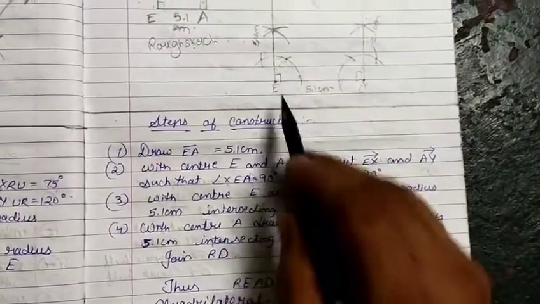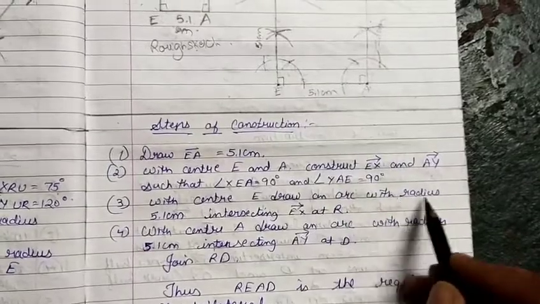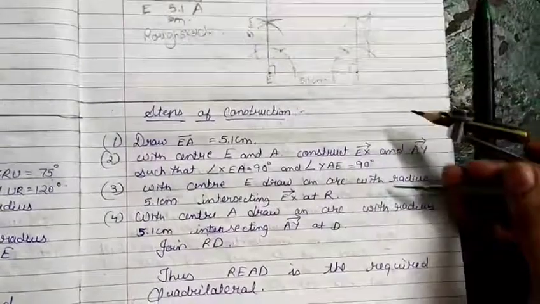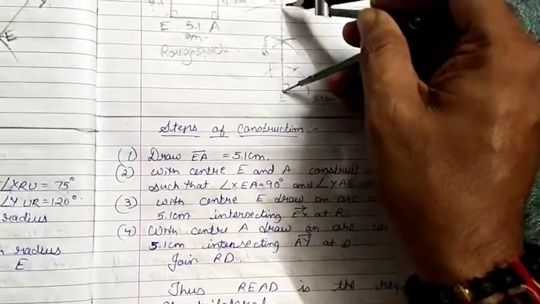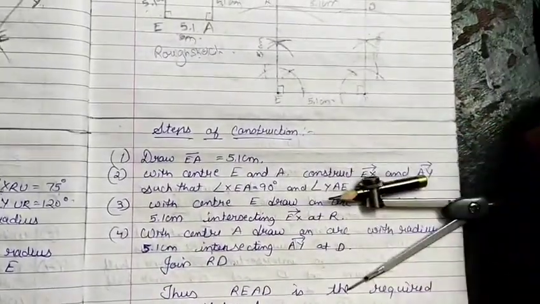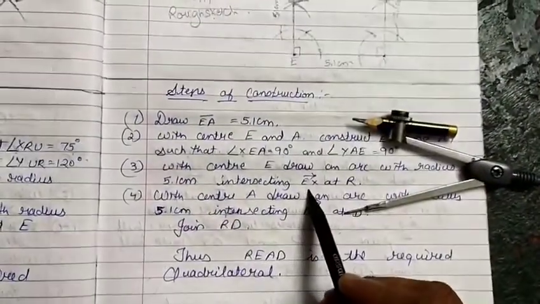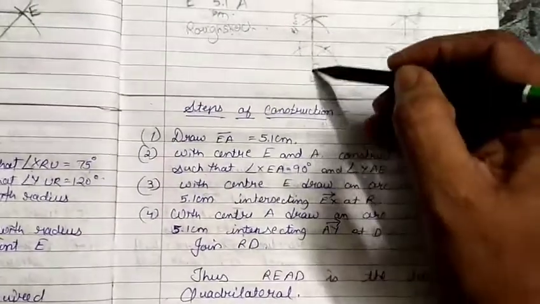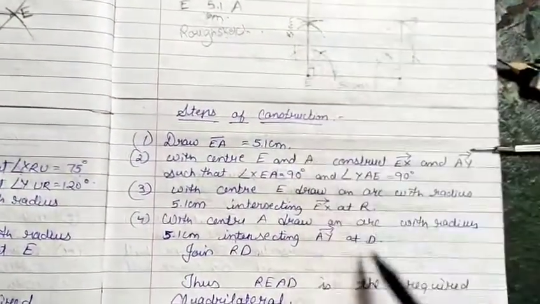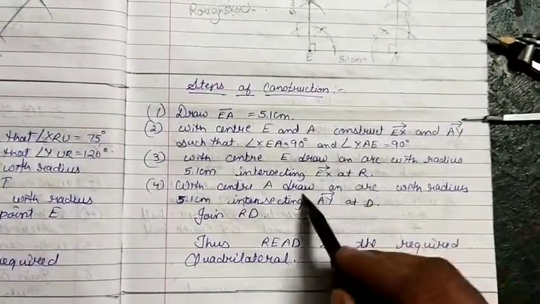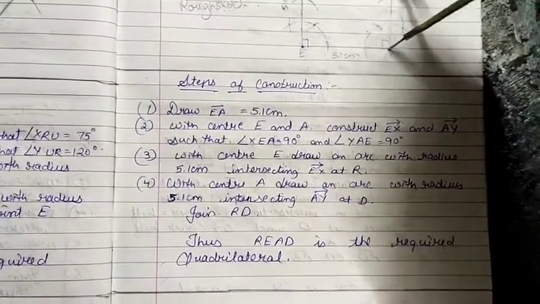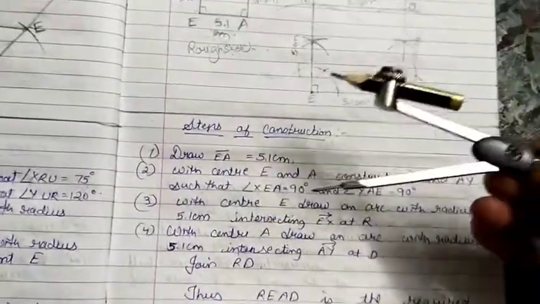See, we center E, draw an arc with radius 5.1 centimeter, intersecting ray EX at R. This arc intersects EX at point R, and with center A, draw an arc with radius 5.1 centimeter.